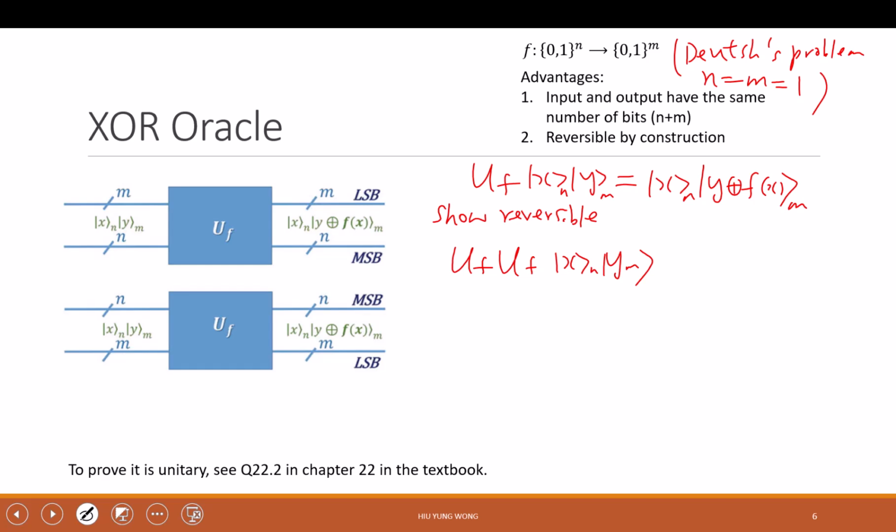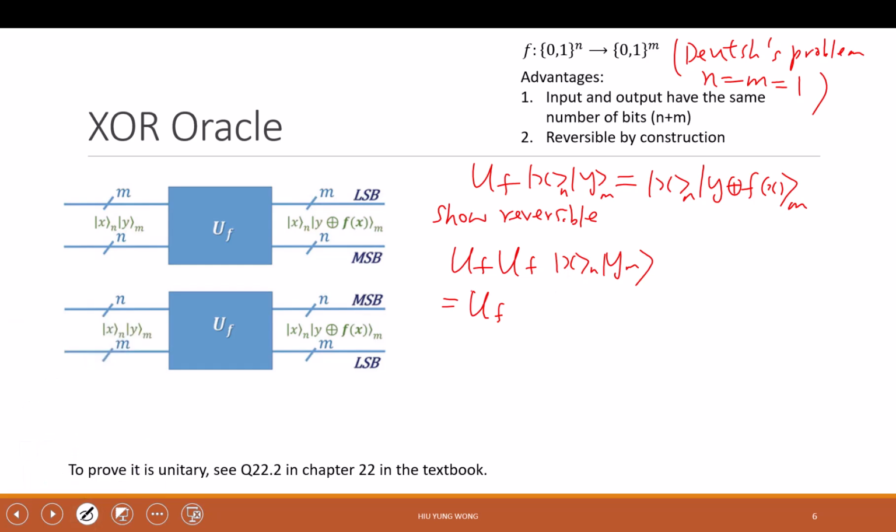Let me look at the first one. When I apply U_F into here, what do you get? By the definition of the exclusive or oracle, you already have the answer on top.